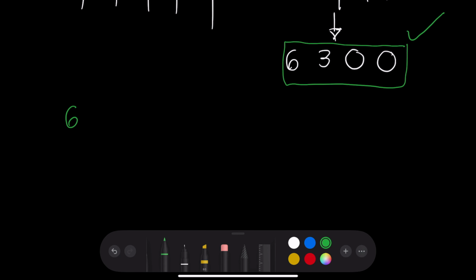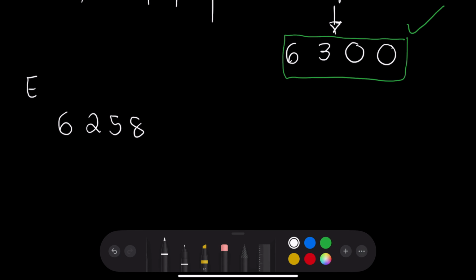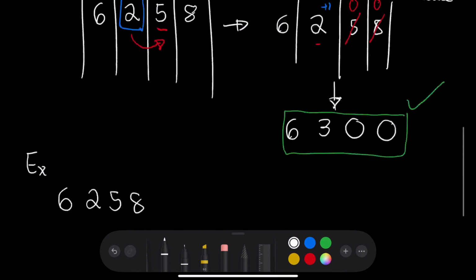Let's consider another example. Let's consider the same number, 6,258 again, and call this example number 4.